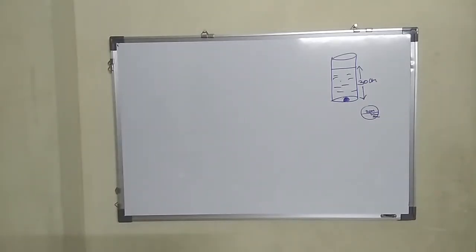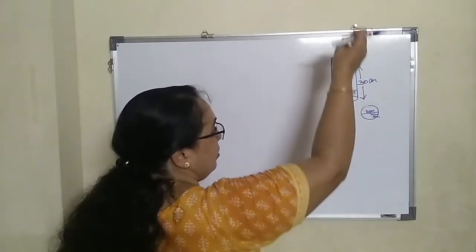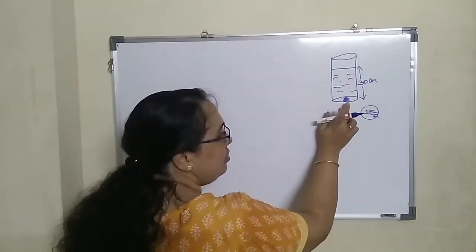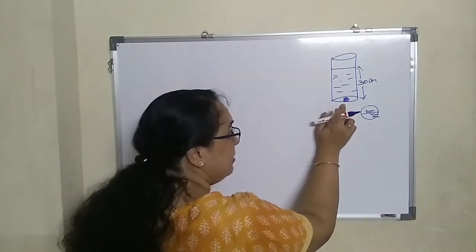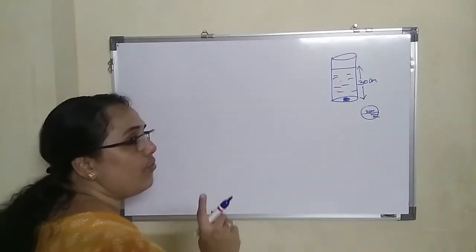They are asking us to find volume of the spherical ball, and hence we can find the volume of the water, because volume of the water will rise a little because of the sphere. If I remove the sphere, I will get exactly the volume of the water inside. So for me to get exactly the volume of the water, I have to remove the sphere. That means the entire volume that I have right now with the sphere in, minus volume of the sphere that is put in, will give me the volume of water.